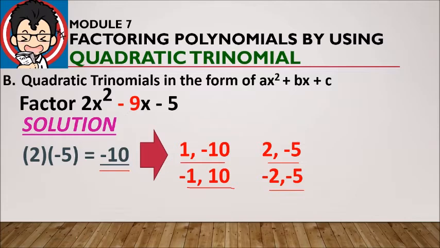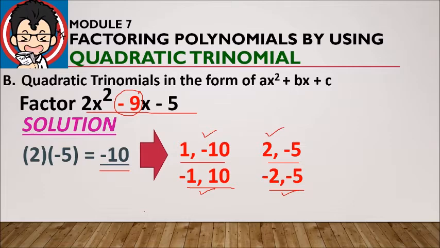Out of these 4 choices, kunin natin yung factors na kapag in-add natin, the result is equal to the numerical coefficient of the middle term of the given trinomial. Sa kasong ito, negative 9. So, alin ba sa apat na ito ang magbibigay sa atin ng sum na negative 9?